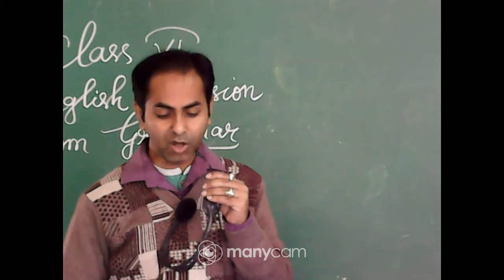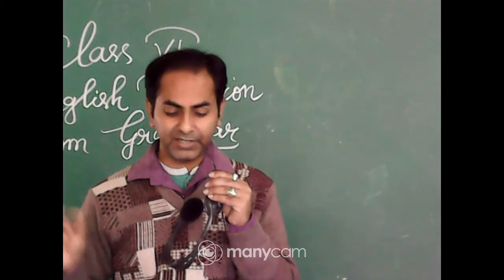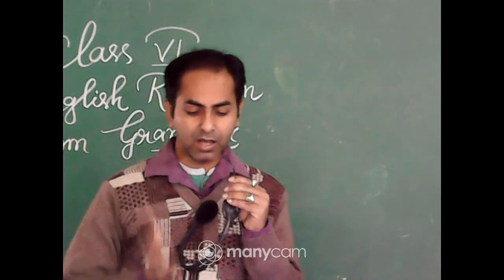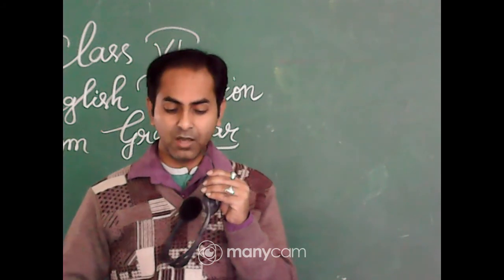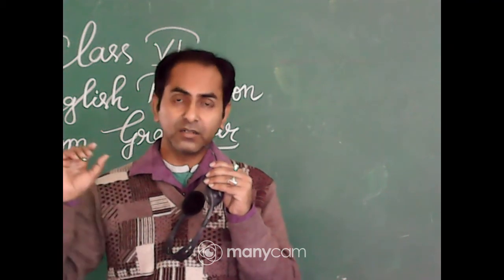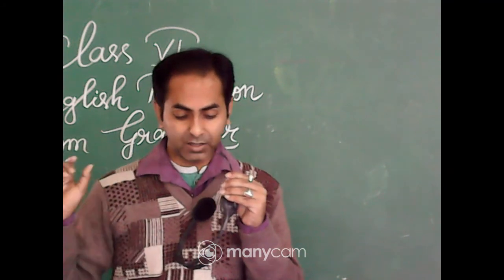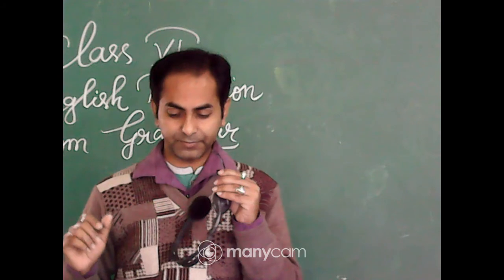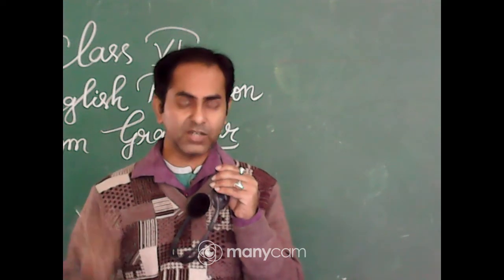Then where do we need to use BEEN between the helping verb and the past participle form of the verb? When the tense is simple past tense, past continuous tense, present perfect tense, or simple present tense.